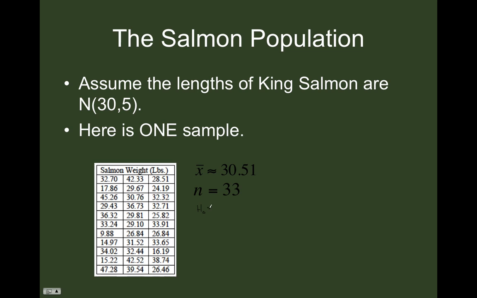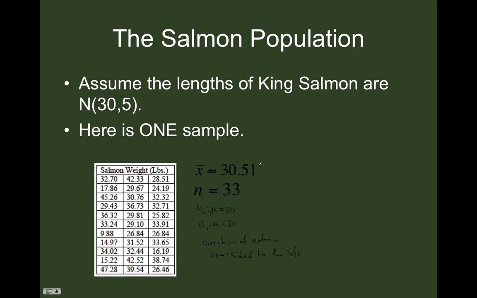So I can say, okay, H naught: mu equals 30. H1, the theory is that the population mean is smaller. Direction of extreme, we've already talked about this. The direction of extreme here is one-sided to the left.